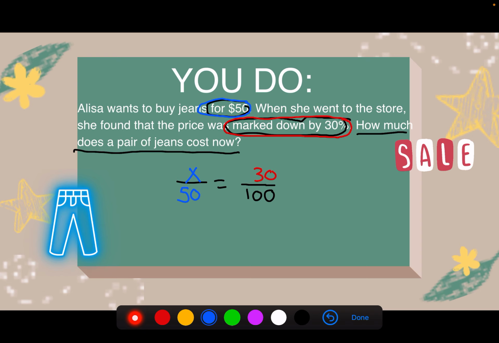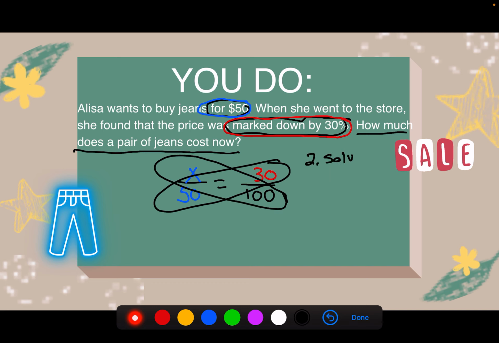So now you're going to cross multiply and divide. So now you're going to finish up step 2, which is solve the proportion. And remember that you do cross multiply and divide.